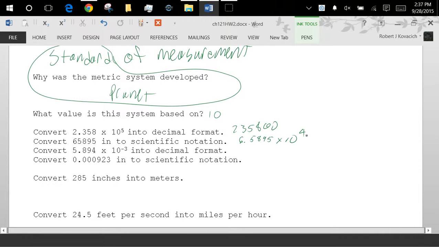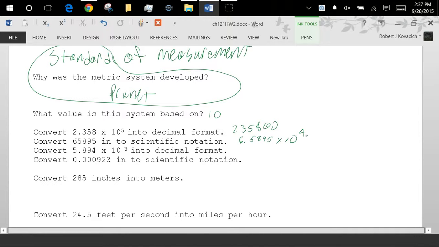So in the given value, if I take that 2.358 and I do what to it? What am I going to do to it to make it equal to the answer? I'm multiplying it by 10, 5 times. That's it. That's all we're doing with scientific notation. How many times do I multiply or divide to make the decimal number and the scientific notation number equal to each other? So that second one, I'm going to take that 6.5895, multiply it by 10 4 times, and then I'm going to get what I started with.